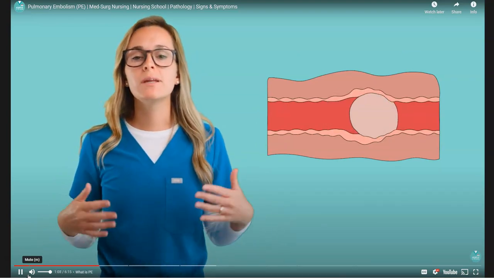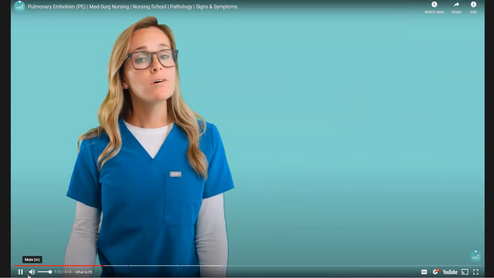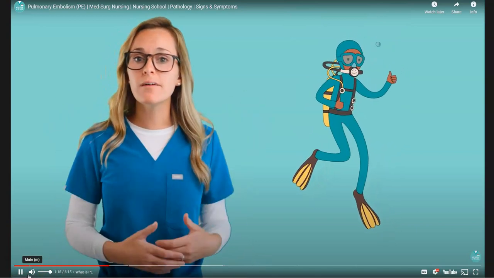This could have happened from an accidental injection of air from a syringe. It also could happen from going to the surface too quickly while deep sea diving or from trauma. PEs can also be caused by small fat deposits, but this is very rare. The point is, any of these things, air, fat, or clot, can block normal blood flow, which cuts off much needed air exchange.